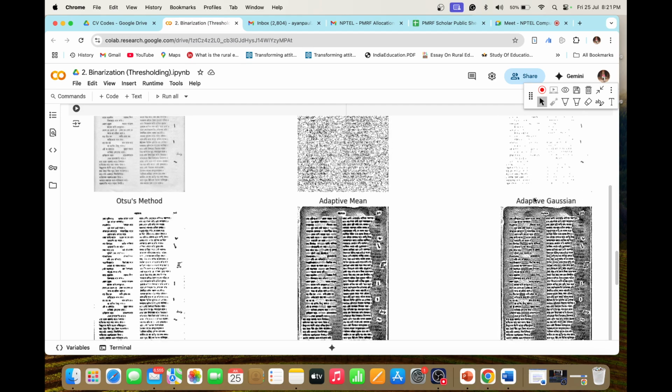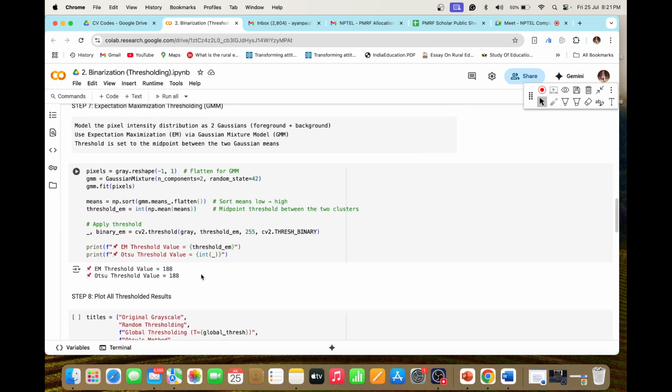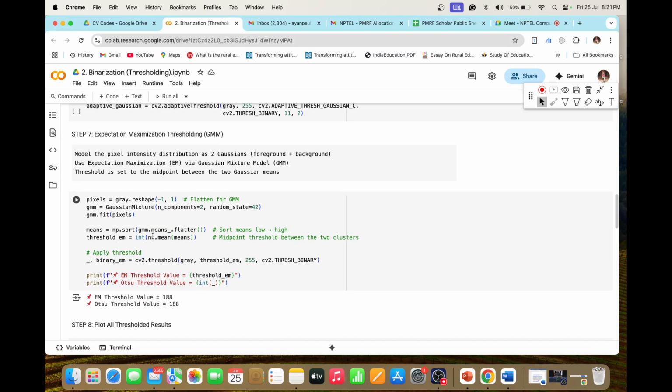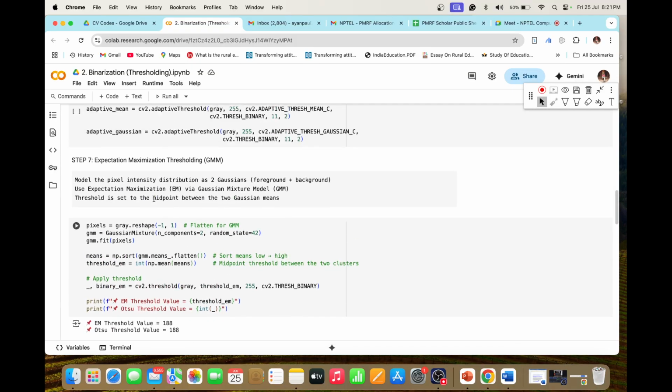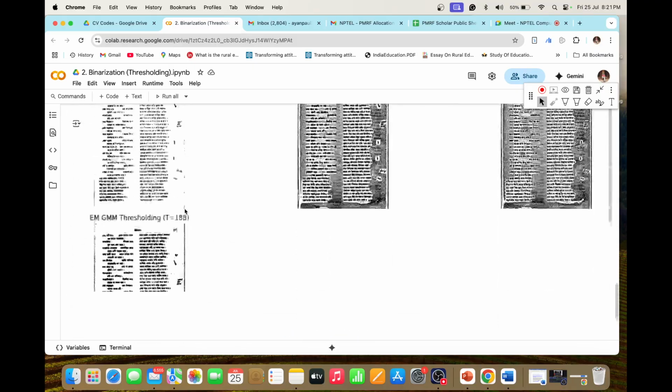You can see this is the Otsu method, and these two are automatic thresholds. Again, we have all these functions in our Python libraries, so just call this function, like Gaussian mixture model, etc., and the thing will be performed.